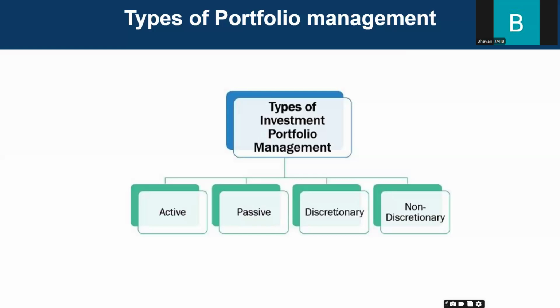Discretionary is where the manager takes all the decisions. So you don't get to make any decision. Non-discretionary is where the client approves every action. So the client tells the manager what to do. So these are the four types of portfolio management.